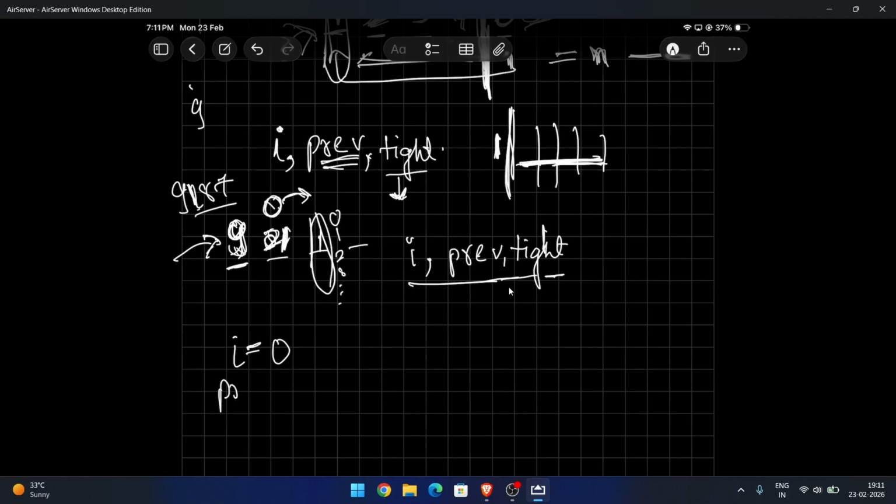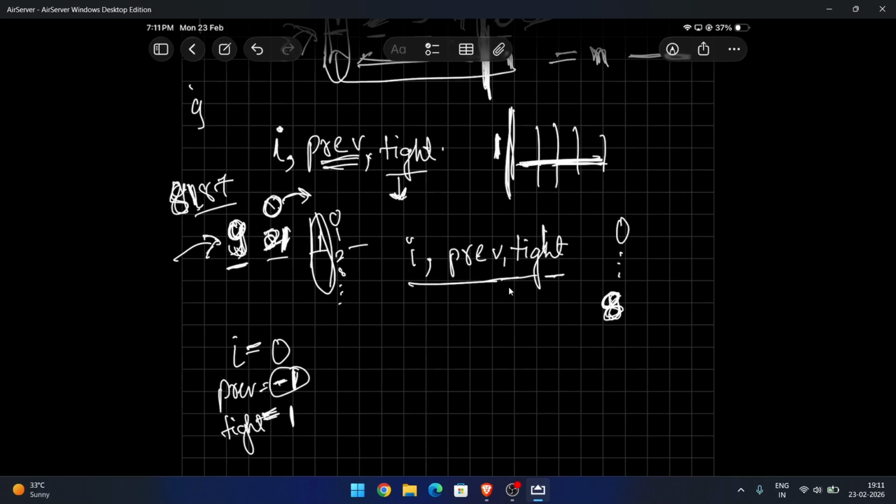The previous state would be, let's say, -1, because previously there is no digit, so we can put any number. And tight is 1 because we are in a tight condition. We can't go from 0 to 9 freely. We can go at maximum up to the tight digit, in this case that is 9. If this was 8, then we can go from 0 to 8.